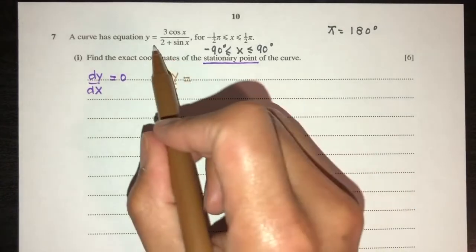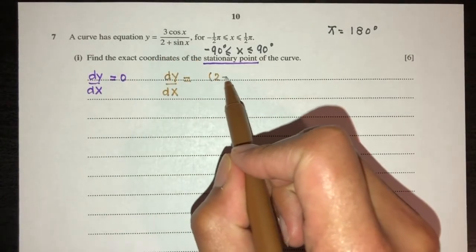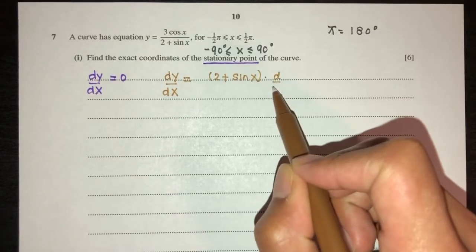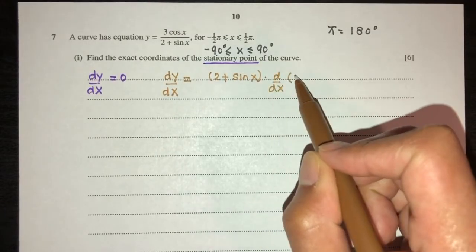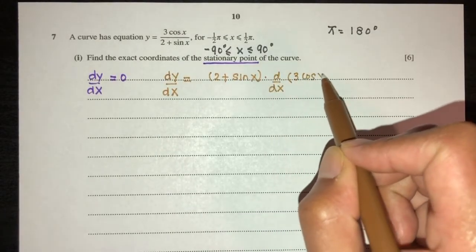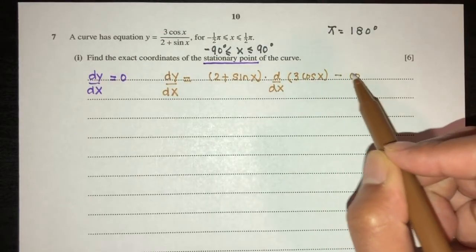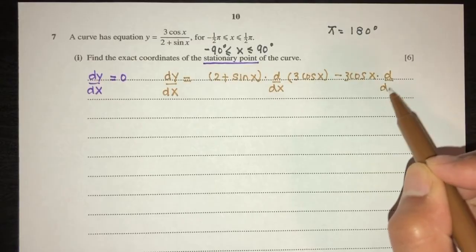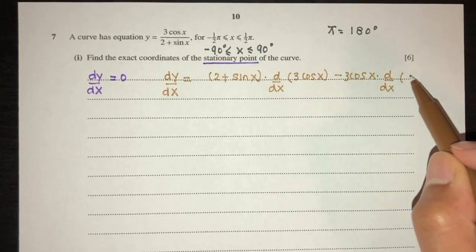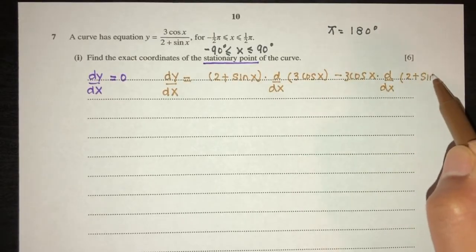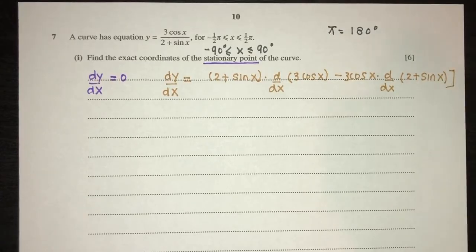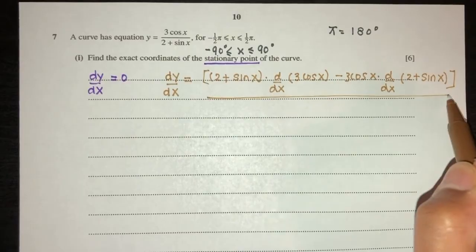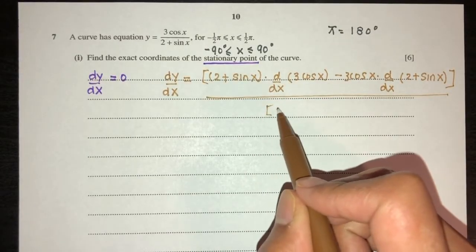The first step is to write down the denominator as it is, and then multiply by the differentiation of the numerator, and then minus the numerator multiplied by the differentiation of the denominator. Of course, you have to take all this and then divide by the square of the denominator.